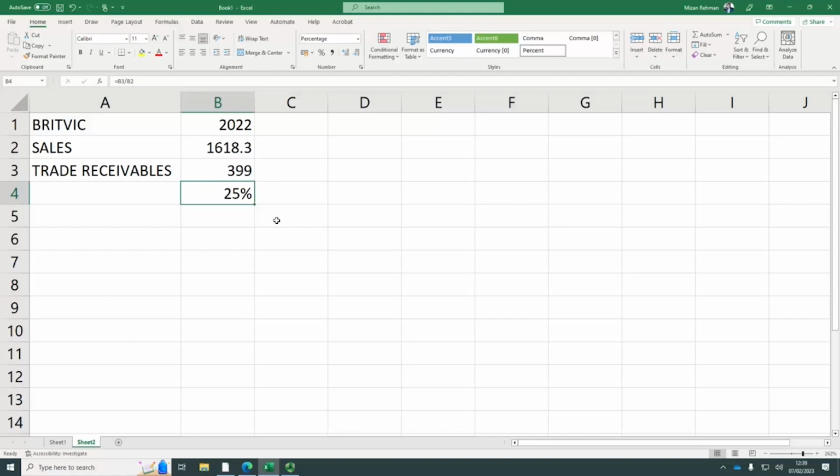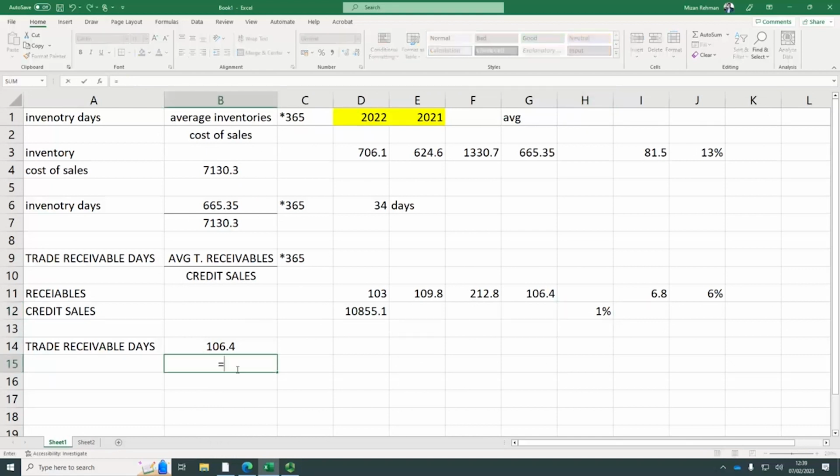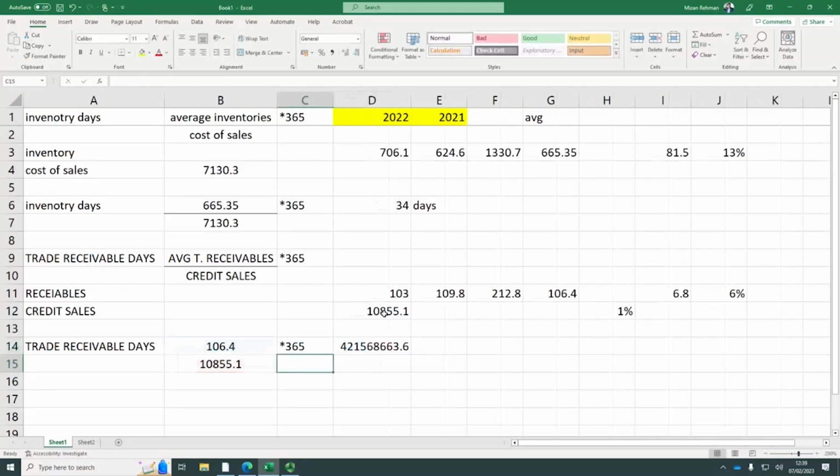So if you calculate this ratio for M&S, receivables divided by credit sales, or sales are credit, assumption, big assumption, times 365, my calculation is 3 days.